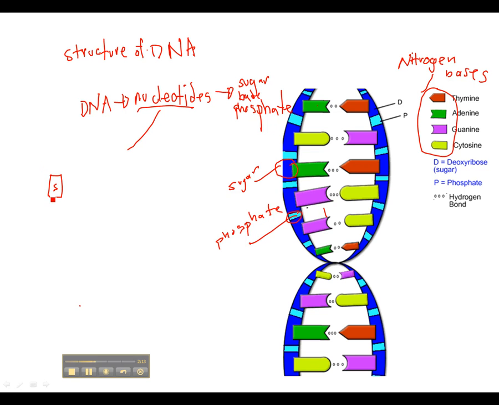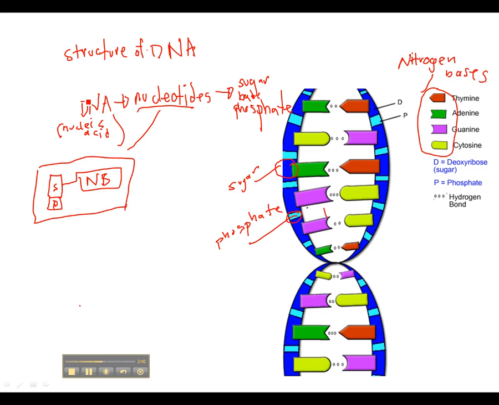And finally, those are all connected to nitrogen bases, so here's my NB for nitrogen base. This whole unit right here is called a nucleotide. Many nucleotides come together to make a DNA molecule, or, if you remember from our previous units, a nucleic acid.